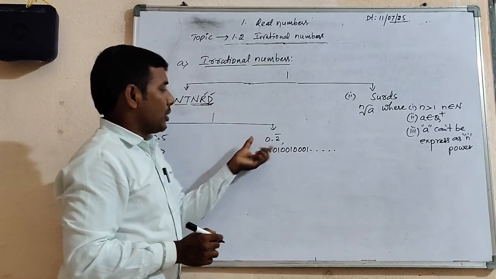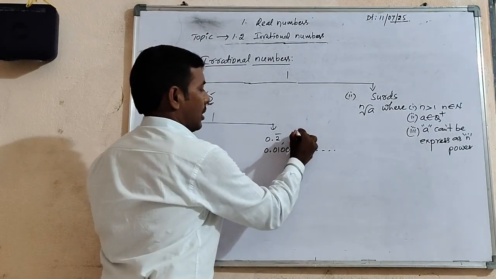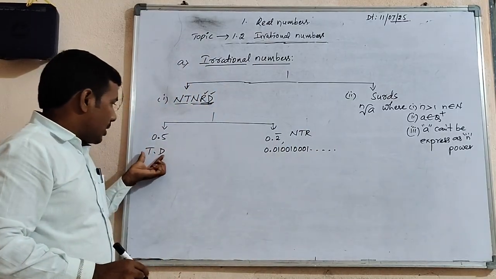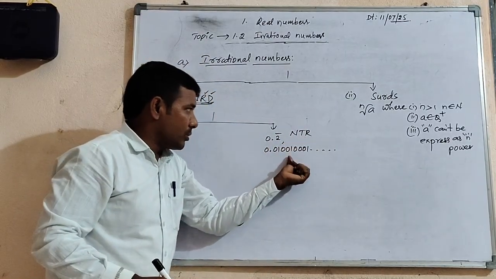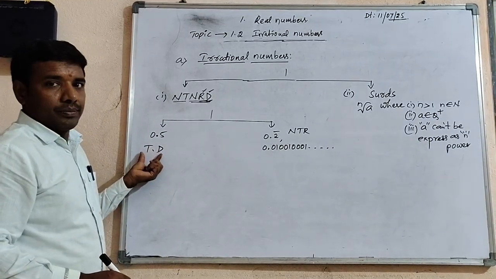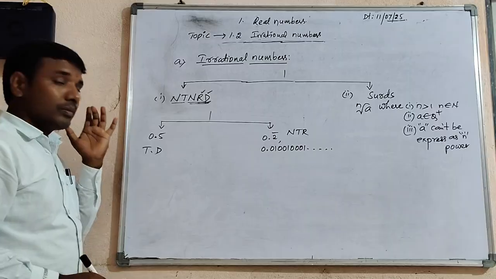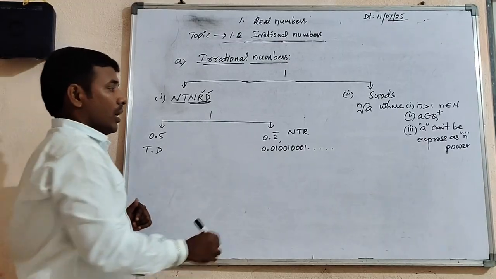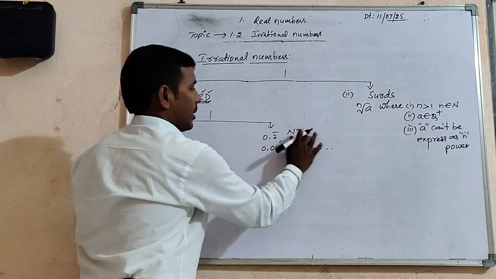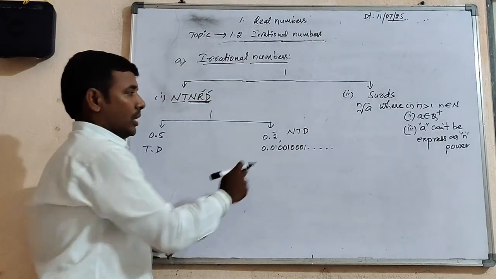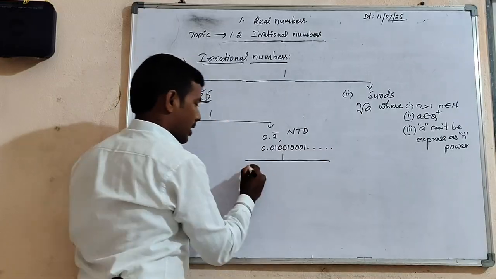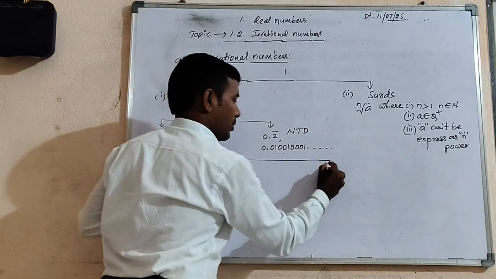These two are examples of non-terminating decimals. Simple. This is terminating decimal. And mainly this NTD, non-terminating decimals, again we make 2 parts.